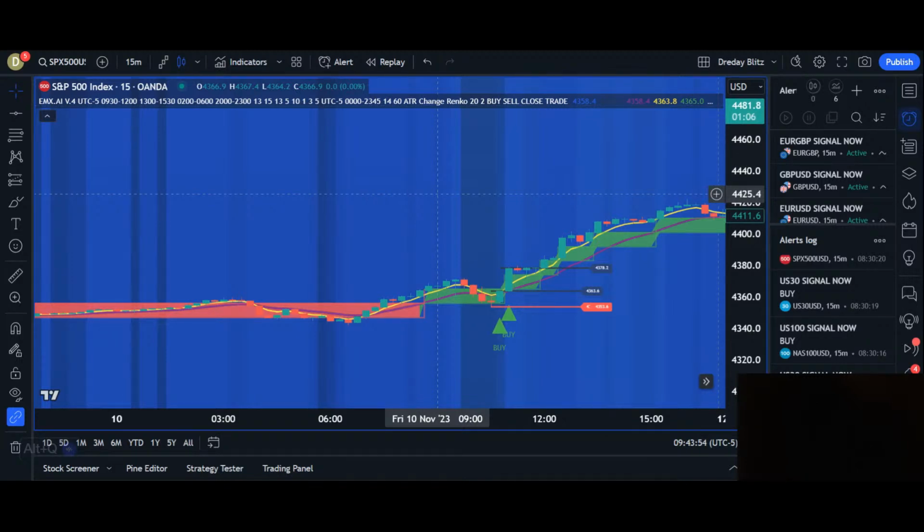And what I'm waiting is an actual signal when you create your own signals saying that the Renko bar color change. So meaning that if you're looking for buys, it should change from an uptrend Renko to a downtrend Renko.